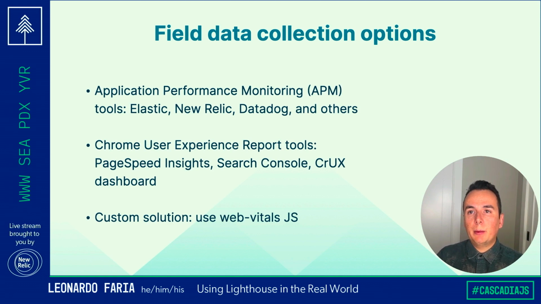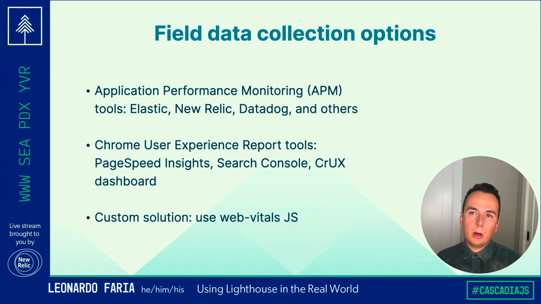Suppose you don't have an APM in place. In this case, you can also use Google tools like PageSpeed Insights and the Search Console, which contain data from the Chrome User Experience reports. These are extremely easy to set up and use, and they will give you all the information to start working right now.